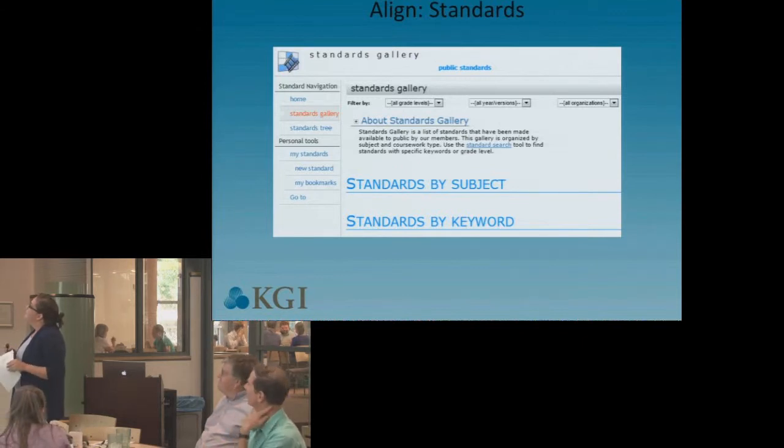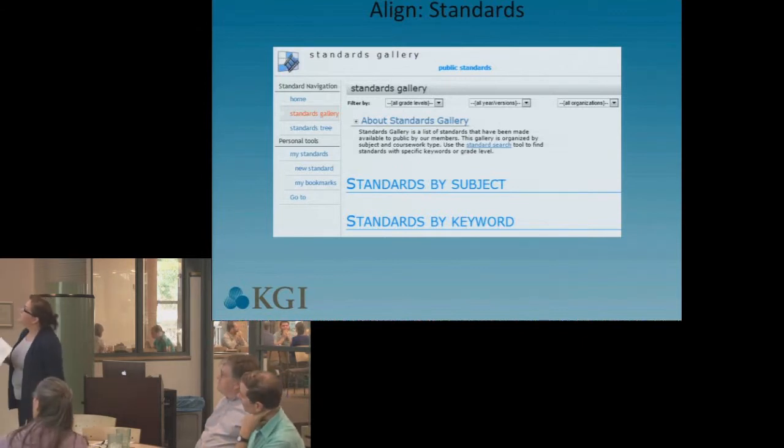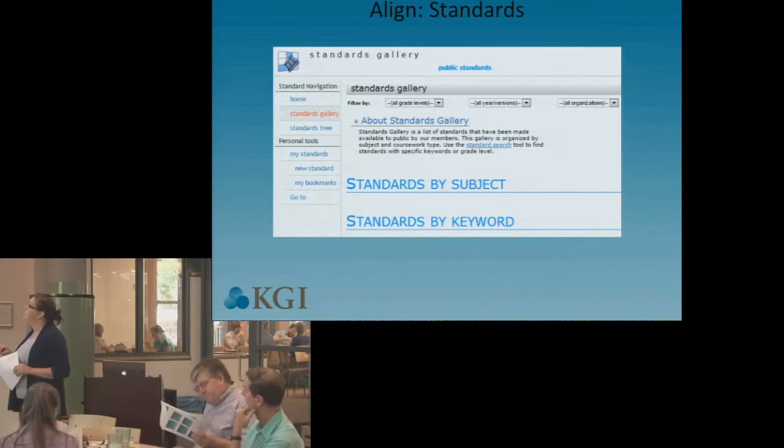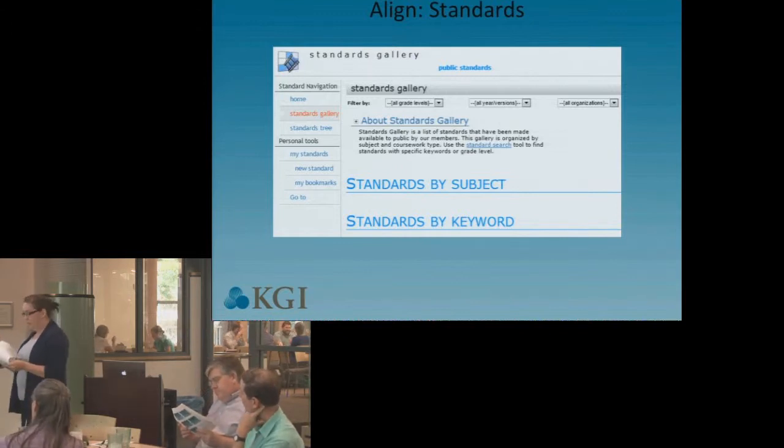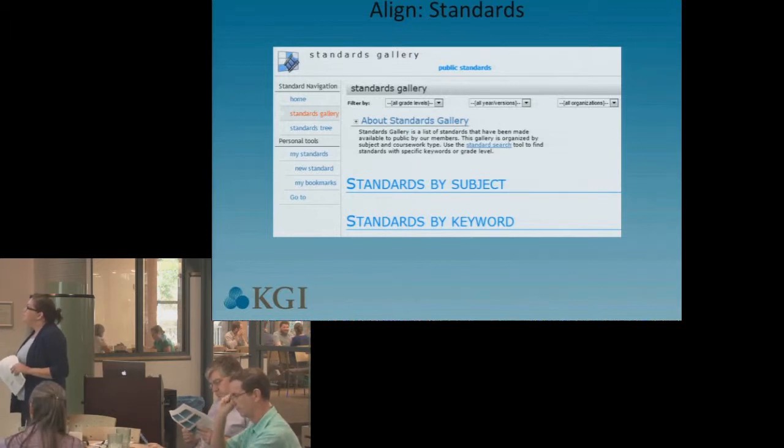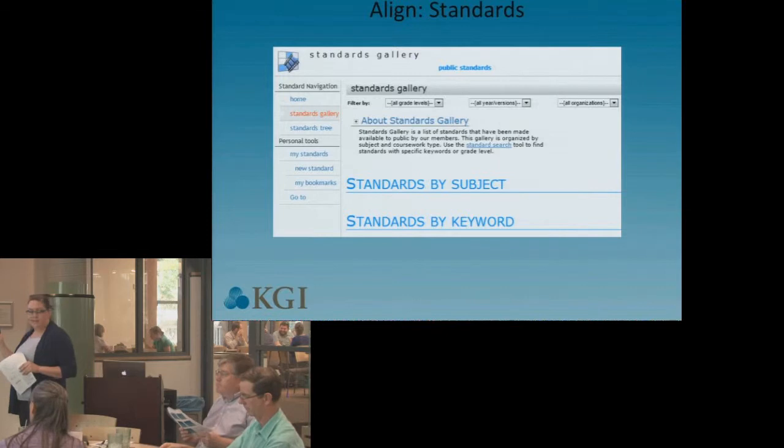So once grading is finished, and once a rubric is built, you can align it to standards. This is the basic standard page. This is one of the best things about iRubric for us, and we've been using it for our program reviews and accreditation.